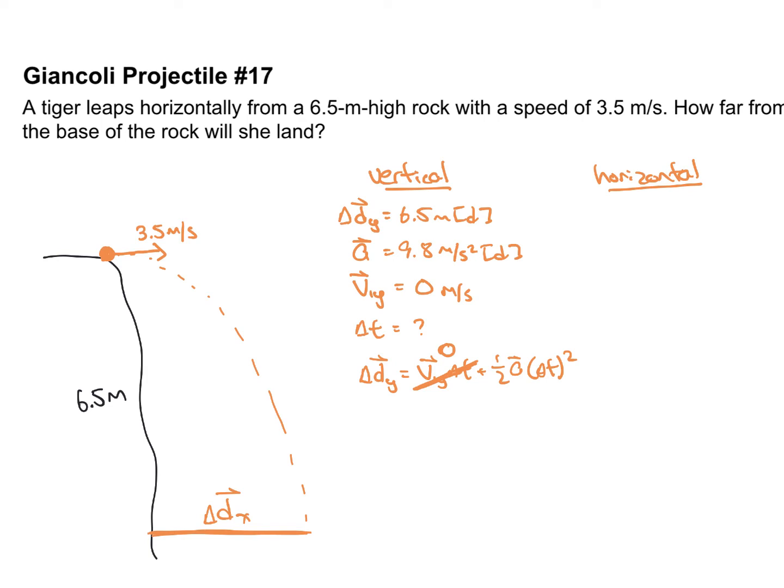So now I'm isolating for time, which is on the right side of the equation. I'll leave it on the right side of the equation. Start by getting rid of the half. That'll be a multiplication by 2 to the other side. And then getting rid of the acceleration, which is done by dividing.